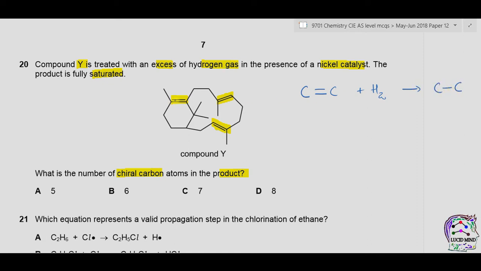So each double bond is converted into a single bond. So this is the product that will be formed. Now looking at the number of chiral carbon atoms. A chiral carbon means a carbon that is attached to 4 different elements or groups.